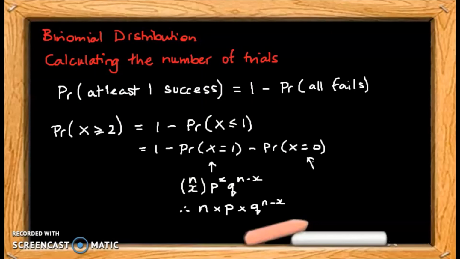My probability that I have 0 will always be q to the power of n. So I can use this, again, it's quite a formulaic approach to calculate the number of events or the number of shots I have to take until I have a certain number of successes.